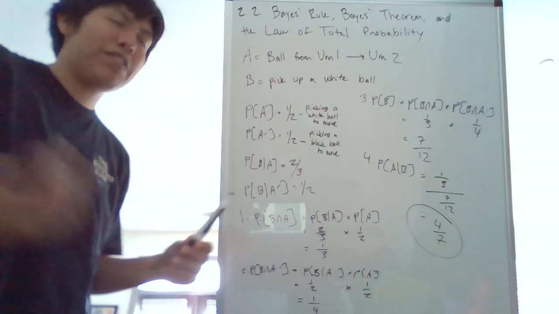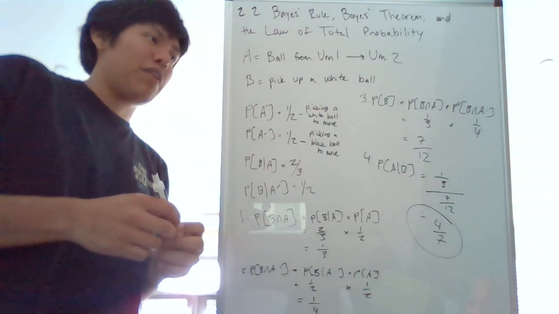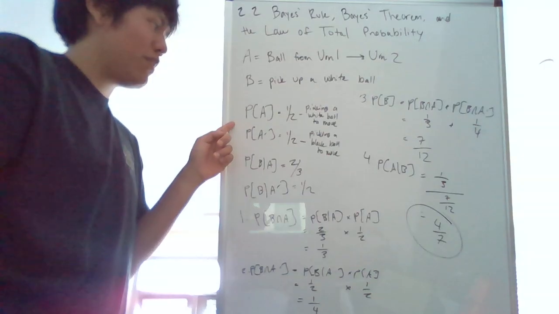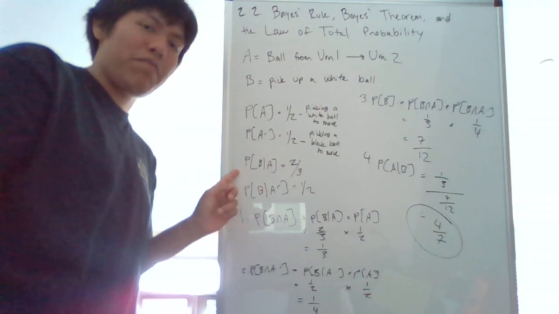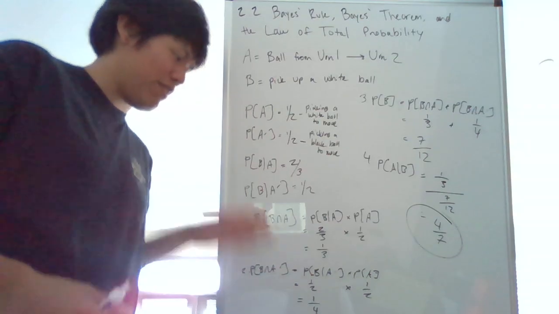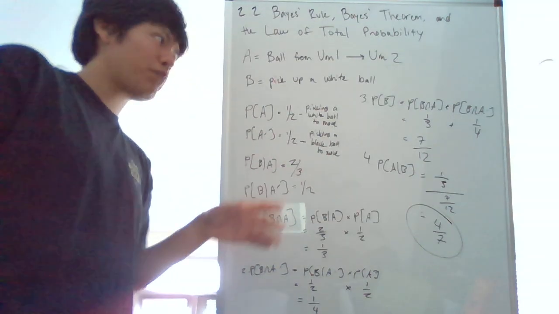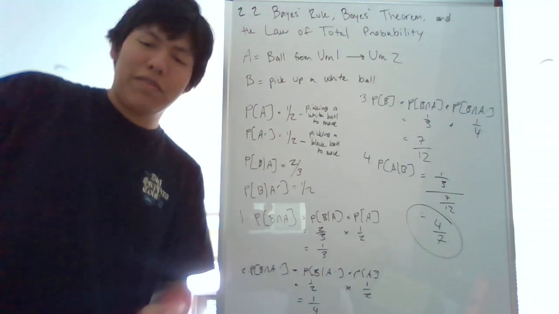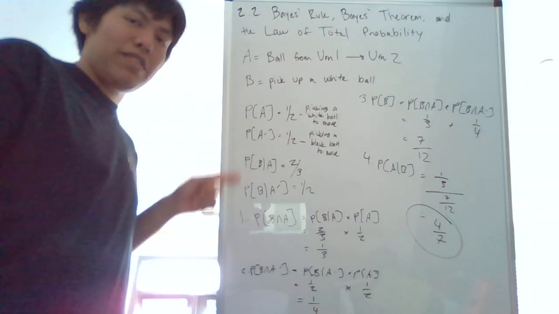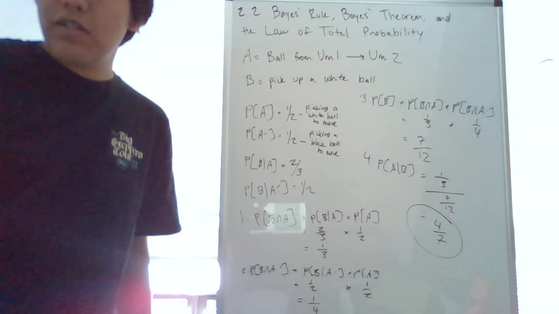It just takes practice to be able to identify what P of A is or what P of B given A is. But once you have that, the rest of this is just 4-step algebra. So it's not too hard, but identifying these is definitely the hardest part.